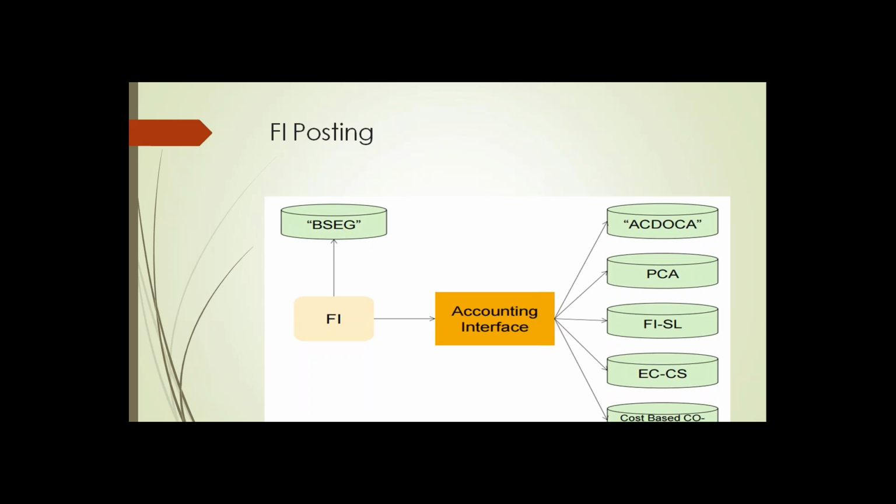Now, why has SAP made improvements in account-based COPA? The answer is very clear. The basis of Simple Finance is ACDOCA. ACDOCA is updated as soon as you hit any account. So in account-based COPA also, whenever you pass any entry into your account, it will be updated in the ACDOCA table.